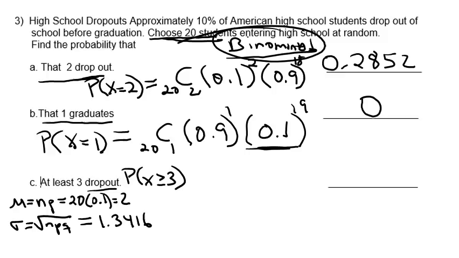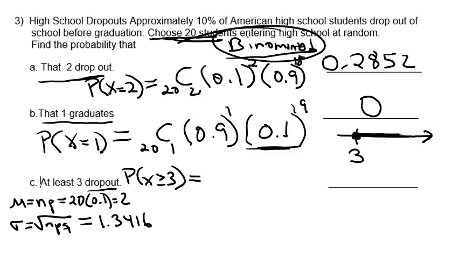Now, since I am going with the normal approximation, I'm going to have to add or subtract a half a point, depending upon the particulars of the problem. Well, look at the problem. I am going in this direction. I'm starting at 3. I want to include 3.